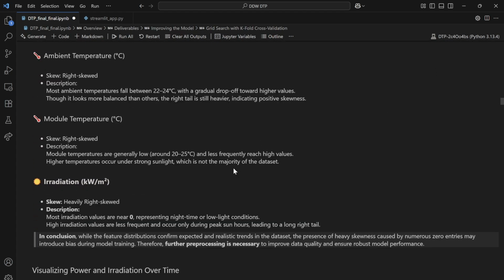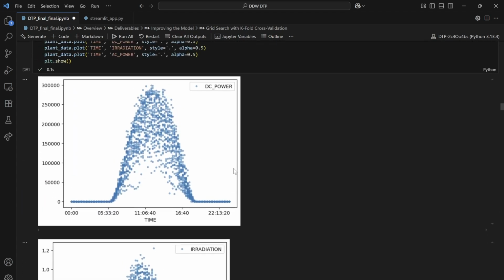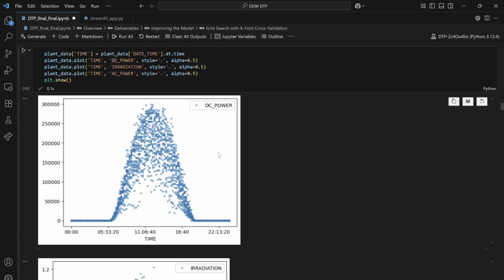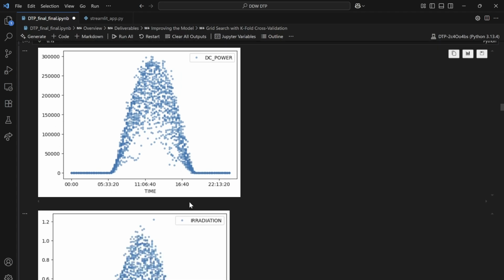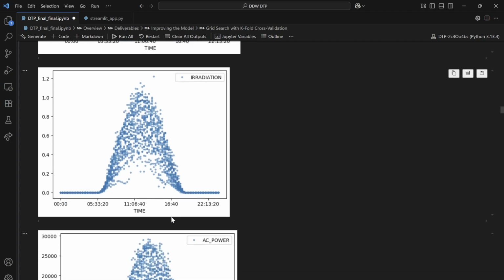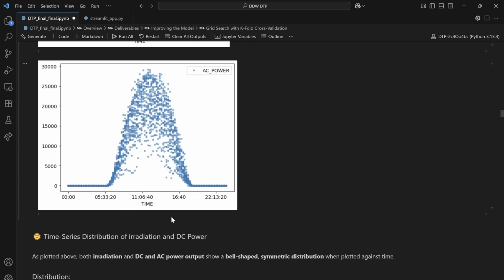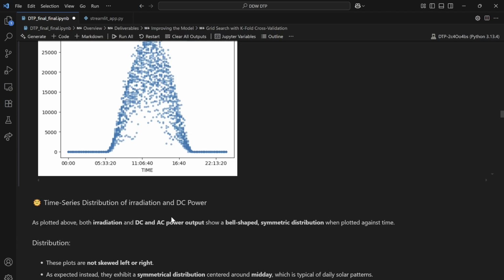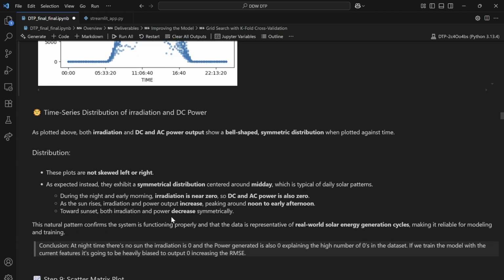We also plot scatter plots to see how DC power works against time, and you can see that it's centered on the daytime and zero in the nighttime, because irradiation is high in the daytime and zero at night, which proves their relationship, along with the fact that we have to remove the zero parts of the dataset to predict accurately during the daytime.